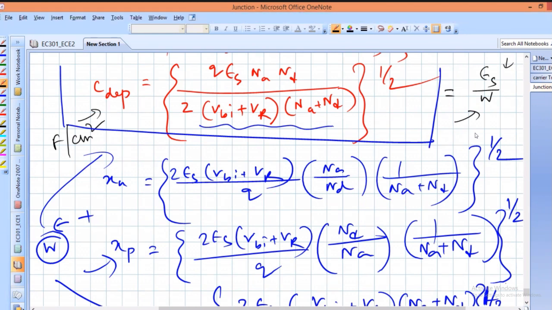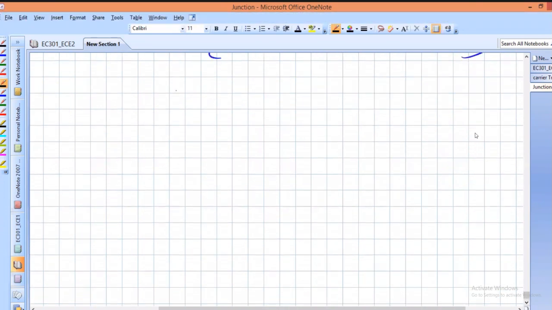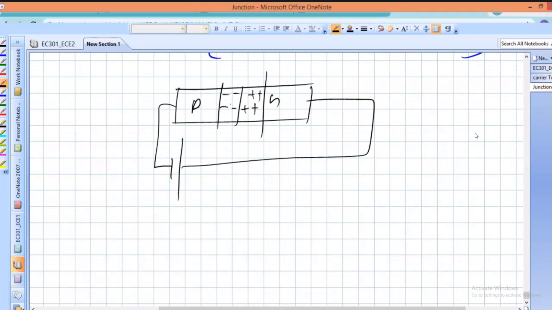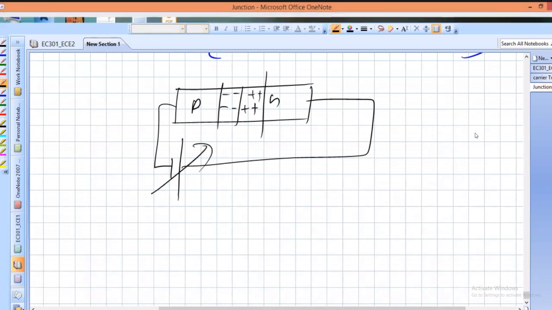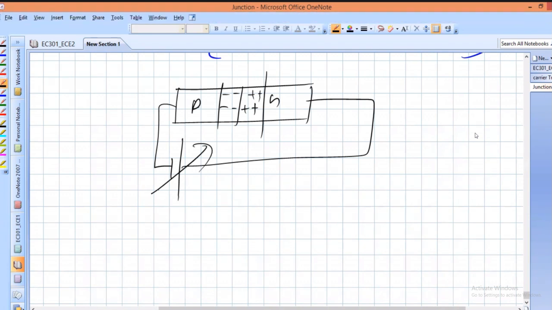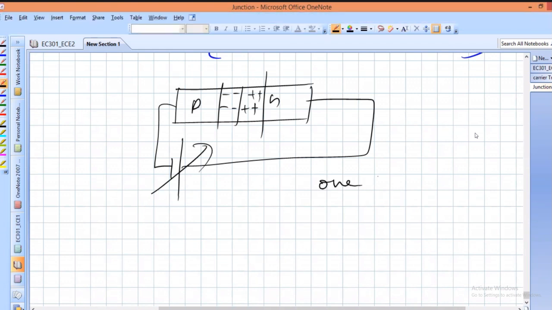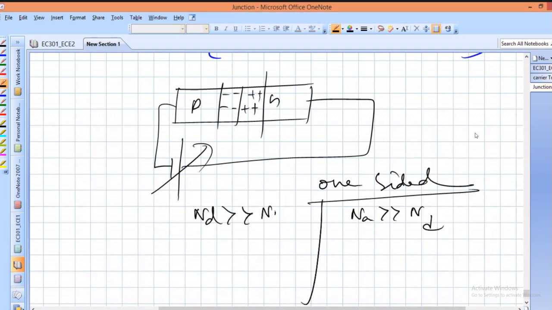So what do we observe, students? Whenever we consider a PN junction under reverse bias, due to the variation of the depletion region width with reverse bias, we observe a similar form of capacitance across the junction. Now, I here considered a two-sided junction, but you can consider a one-sided junction. A one-sided junction is what? Na is greater than Nd, or Nd is greater than Na. Anyone.